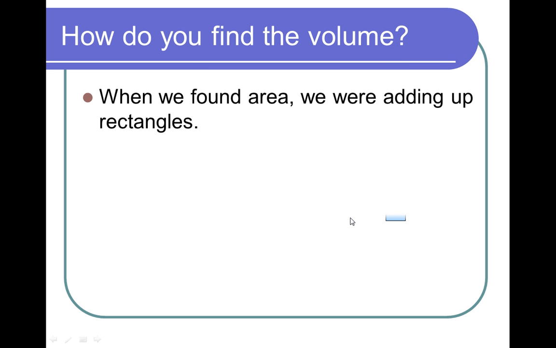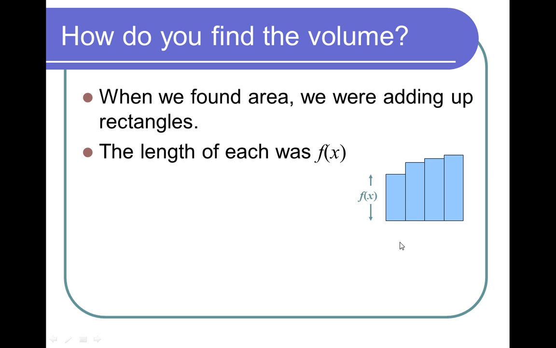So let's think back first of all to when we were finding area, which was the very first part of integral calculus, or antiderivative calculus. We were adding up a bunch of rectangles to approximate the area. If you remember, the length of each rectangle was whatever f of x was at the time, and it changed for each rectangle.